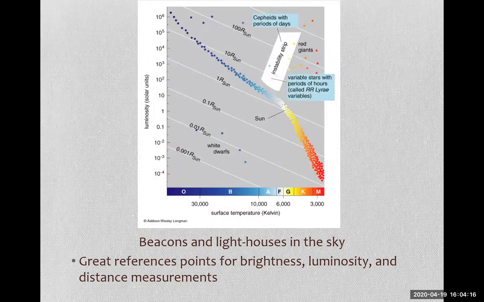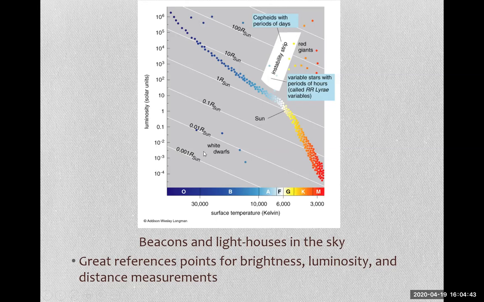So how does that work? Well, we have to use the HR diagram one more time. The key thing about the HR diagram here is that if I know where a variable star is in the HR diagram, then because its brightness changes, because its luminosity changes over time, it's going to be moving up and down along something we call the instability strip of the HR diagram.